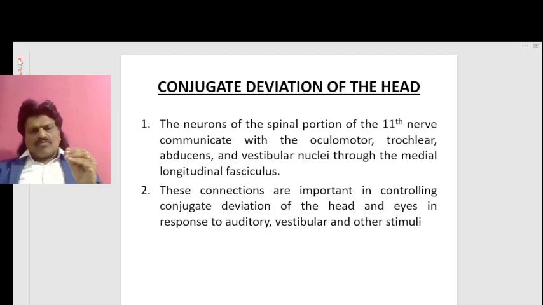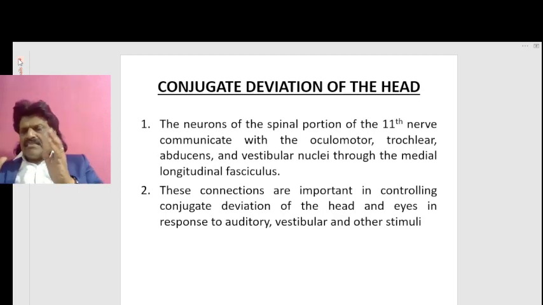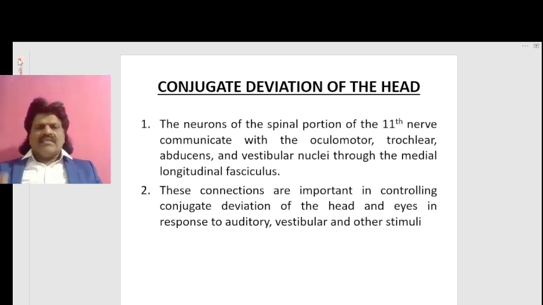The neurons of the spinal portion of the 11th nerve communicate with the 3rd nerve, 4th nerve, 6th nerve and 8th nerves through the medial longitudinal fasciculus. These connections are important in controlling conjugate deviation of the head and eyes in response to auditory, vestibular and other stimuli. When someone makes noise, we turn the head and eyes towards the side of the stimulus.